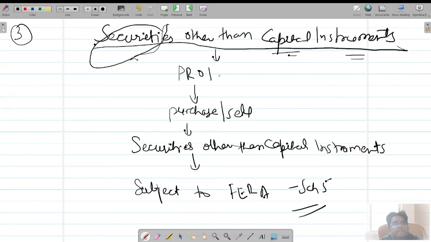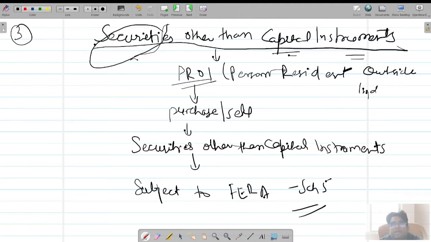A person resident outside India, that is, PRO I. They can purchase and sell securities other than capital instruments subject to FEMA regulations, and they have to comply with Schedule 5. That is, they can purchase and sell securities other than capital instruments, but they have to comply with FEMA Schedule 5.